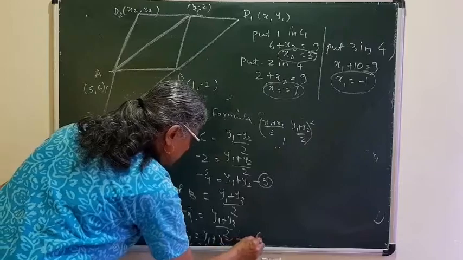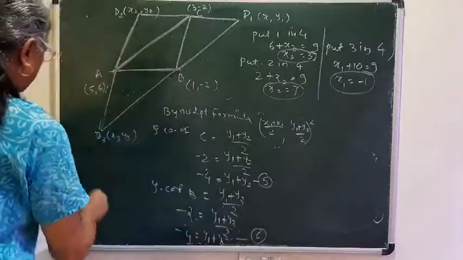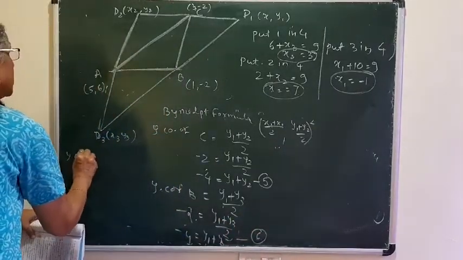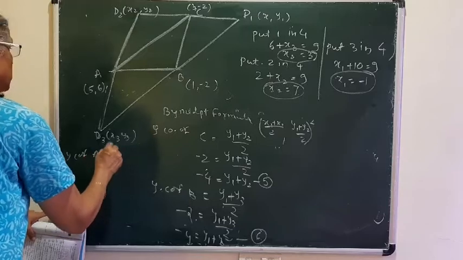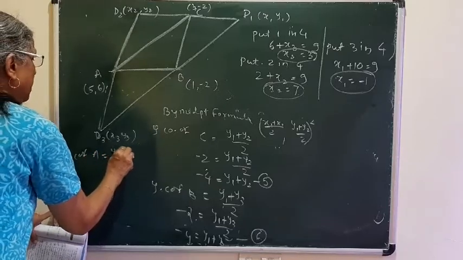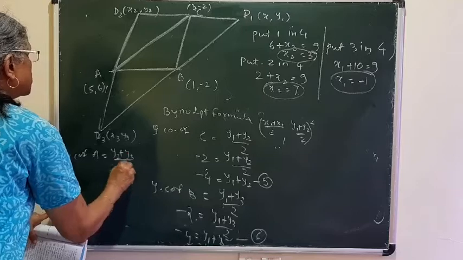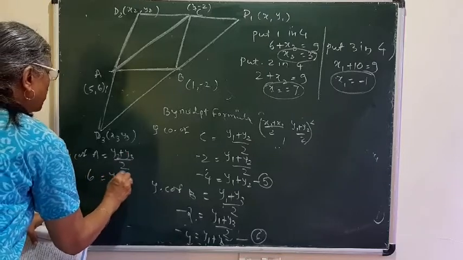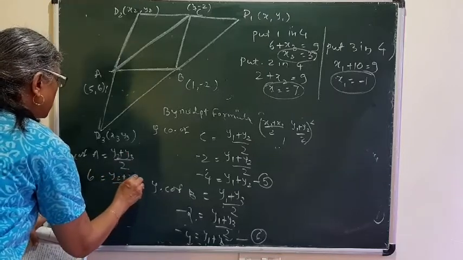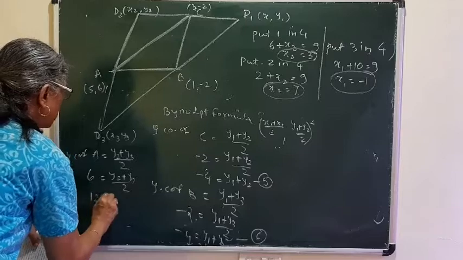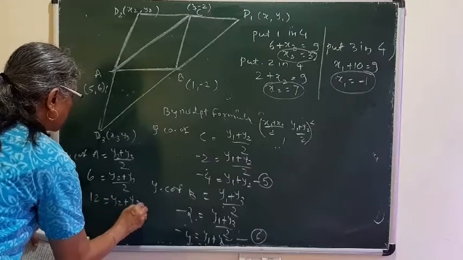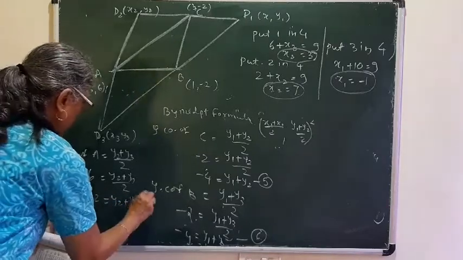So this is my sixth equation. Then the y coordinate of A is equal to y2 plus y3 by 2. So 6 is equal to y2 plus y3 by 2. So 12 is equal to y2 plus y3. So again this is 7.